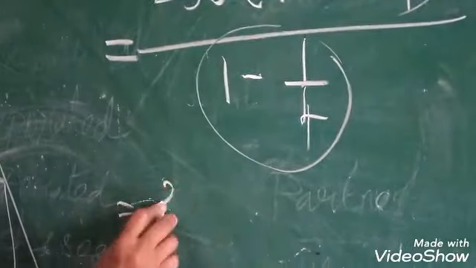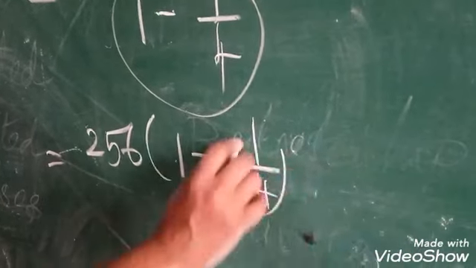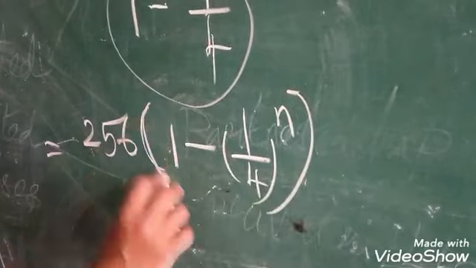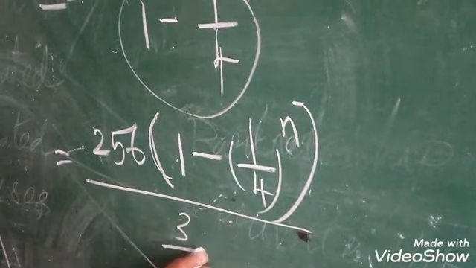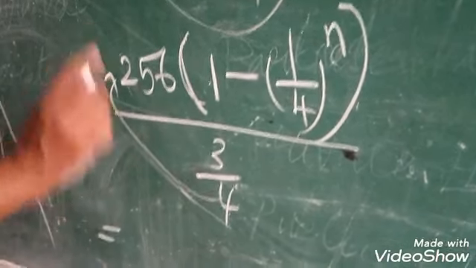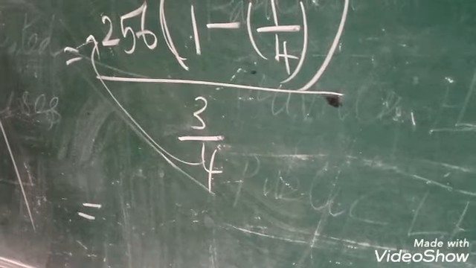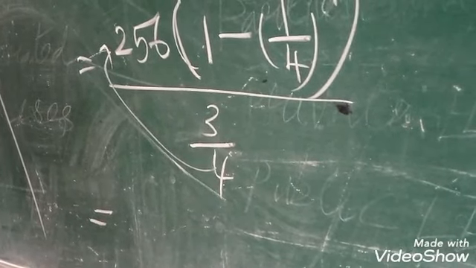Now apply 1 minus 1 by 4 power n divided by 3 by 4. Simplifying, the 4 goes to the numerator. So 256 into 4, what is the value of 256 into 4? Yes, 1024.